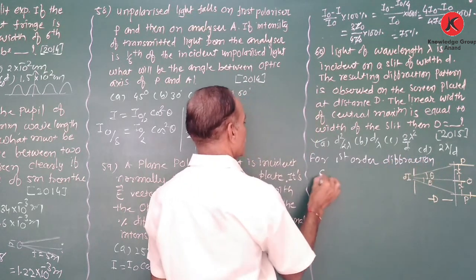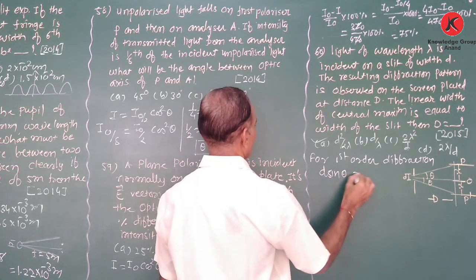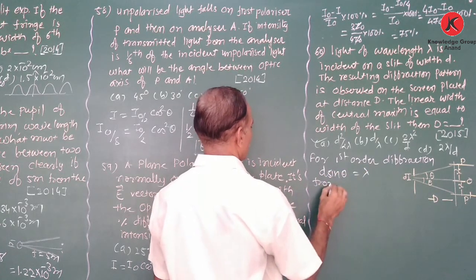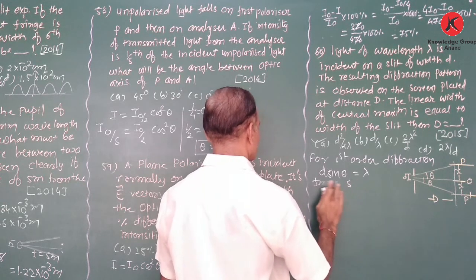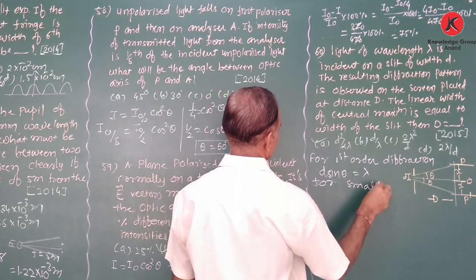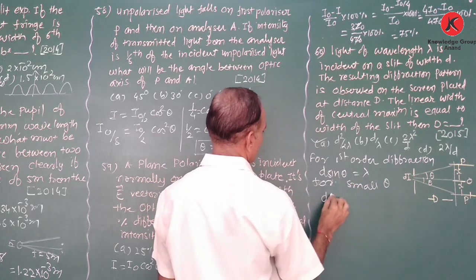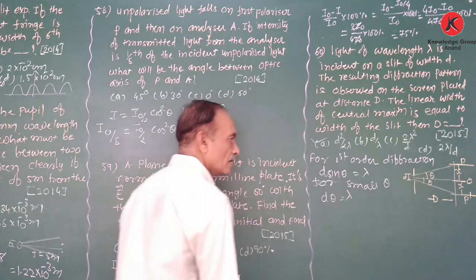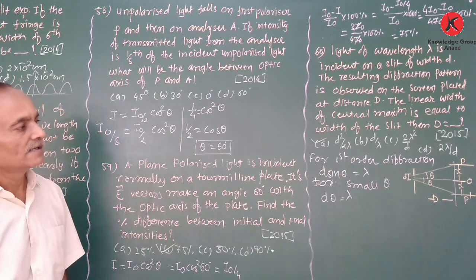We know that d sin theta is equal to lambda. For small theta, d theta is equal to lambda. Right?